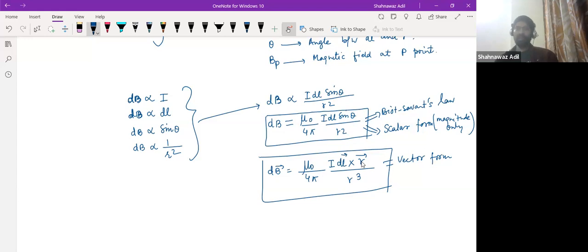What kind of product is dl cross r? The answer lies in your question. So, when we are talking about vectors, it is a cross product. Absolutely right, that was already there in the question. So it is a cross product, and we already know that a cross product is what kind of product?